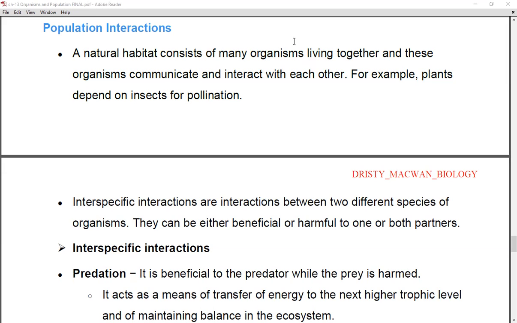They can be either beneficial or harmful to one or both of the partners. Either one partner is harmed and the other is benefited, or both partners are harmed, or both partners are not benefited. Those kinds of interactions between two different species are observed.